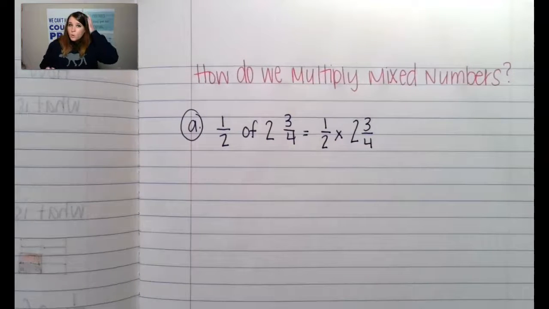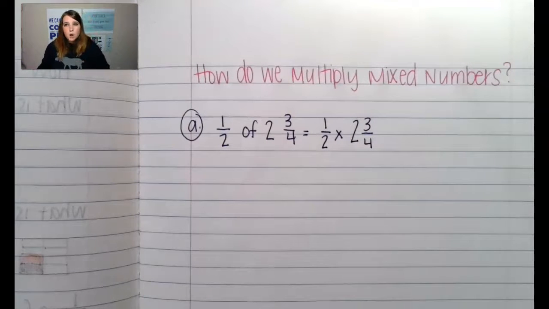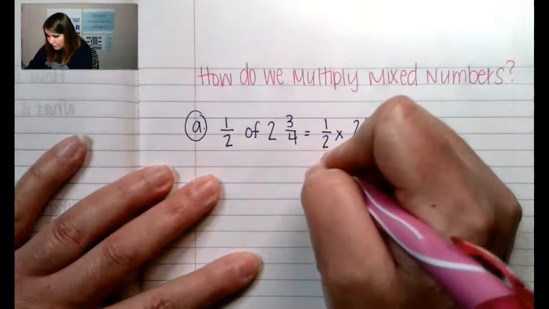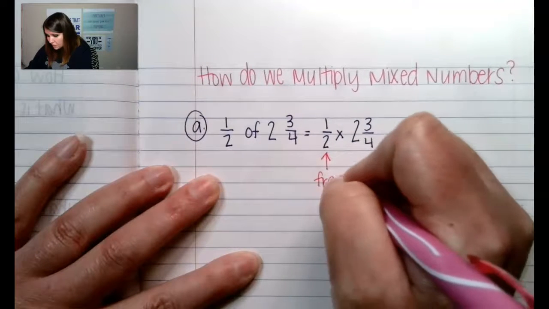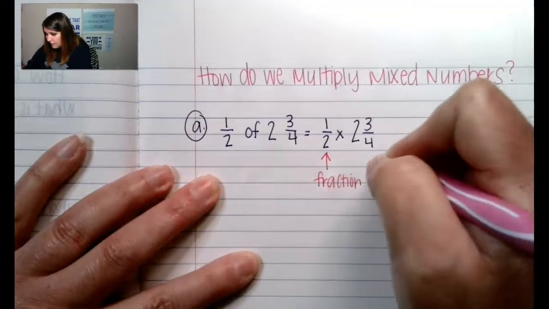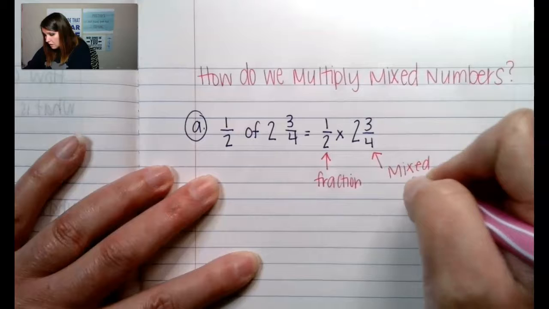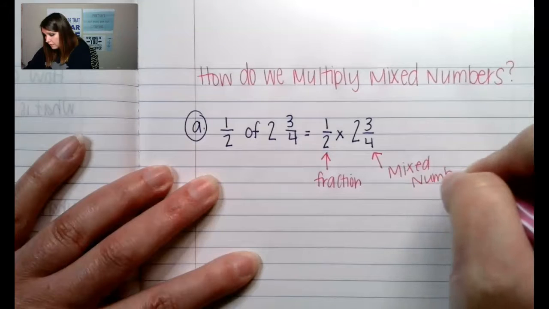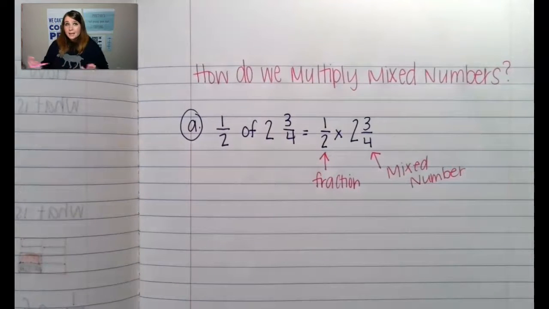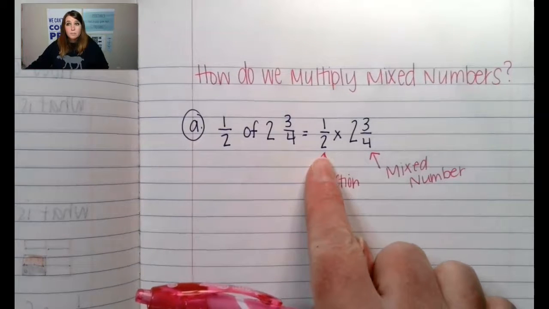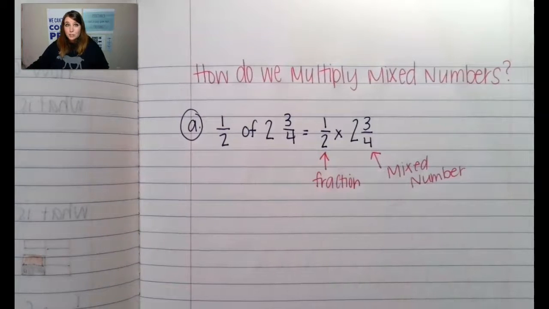In order to solve this problem, we first need a fraction and another fraction. But I only have a fraction, and here I have a mixed number. Therefore, I cannot solve this multiplication problem. I just can't do it.